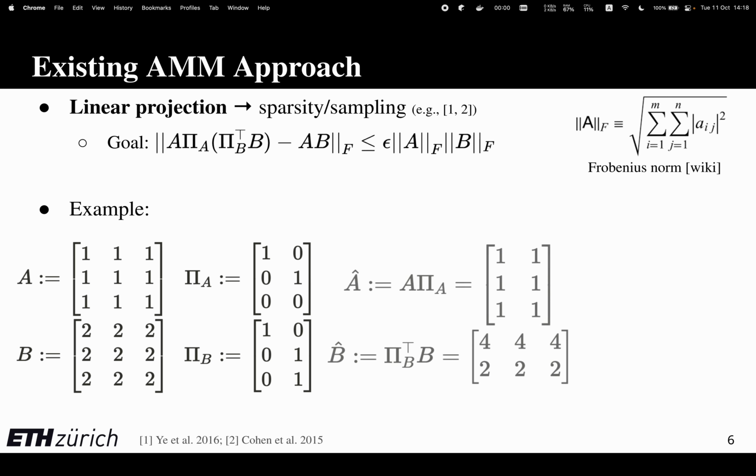By computing the products pi A times A and pi B times B, we get A hat and B hat, which are lower dimensional and require less memory and less compute. In this case, we can recover the multiplication approximately. This is a simple example, but it gives more intuition as to how existing AMM methods work.